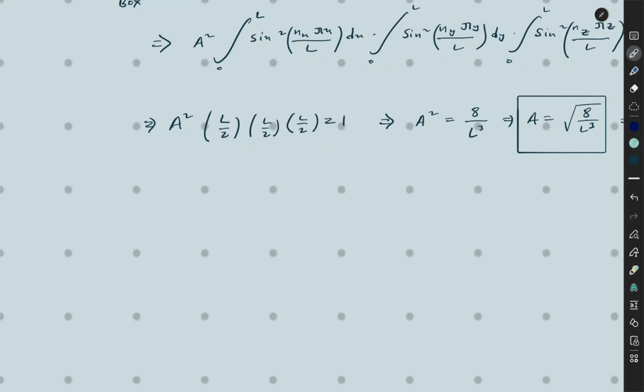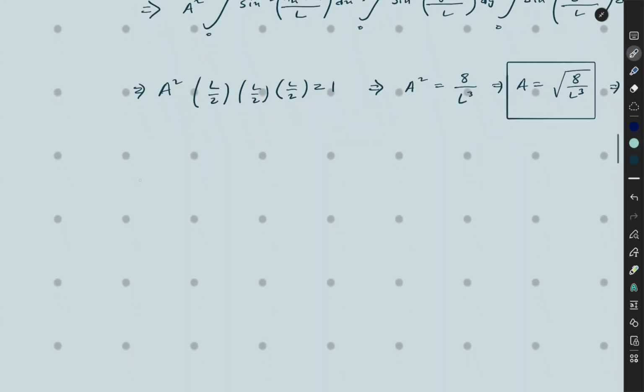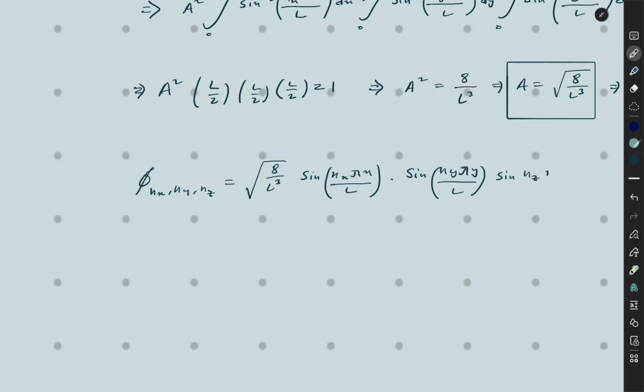So the final normalized wave function, that is the eigenfunction, is phi of nx, ny and nz equal to square root of 8 by L cube into sin nx pi x whole upon L into sin ny pi y whole upon L and sin nz pi z whole upon L. So this is our final eigenfunction.